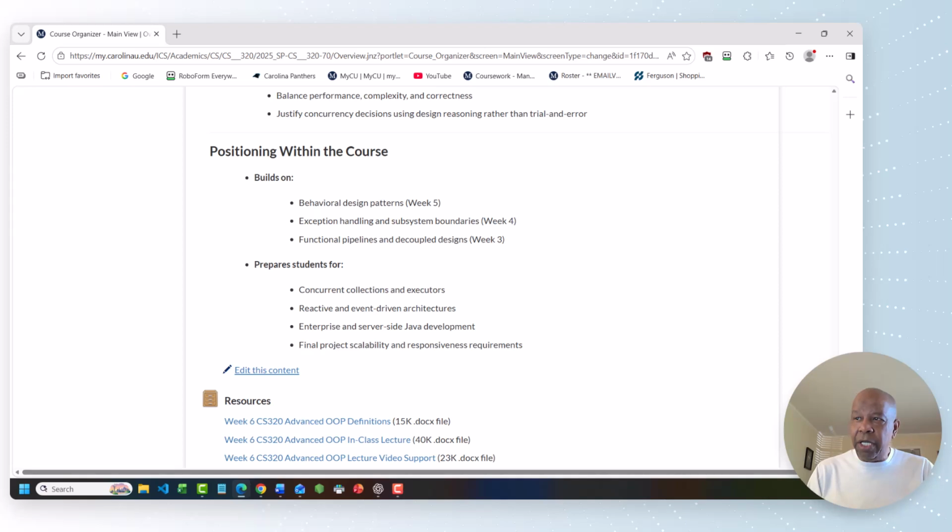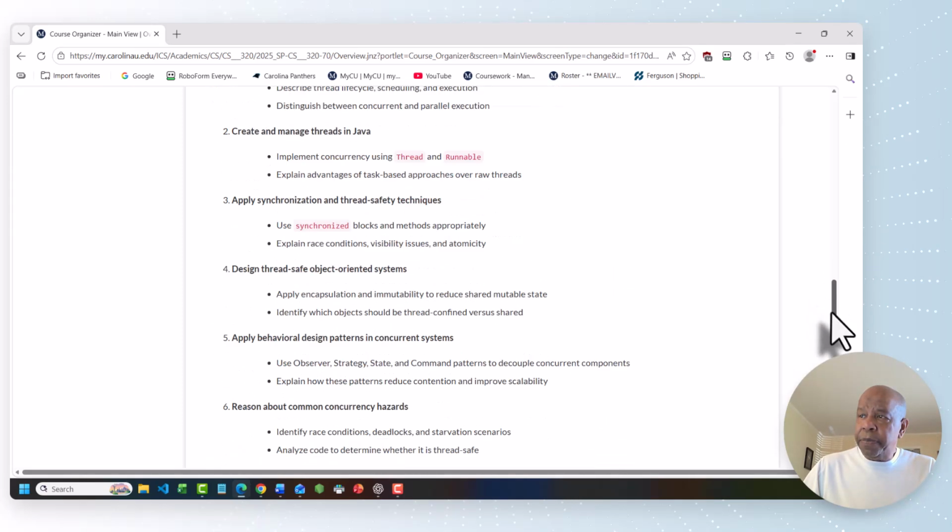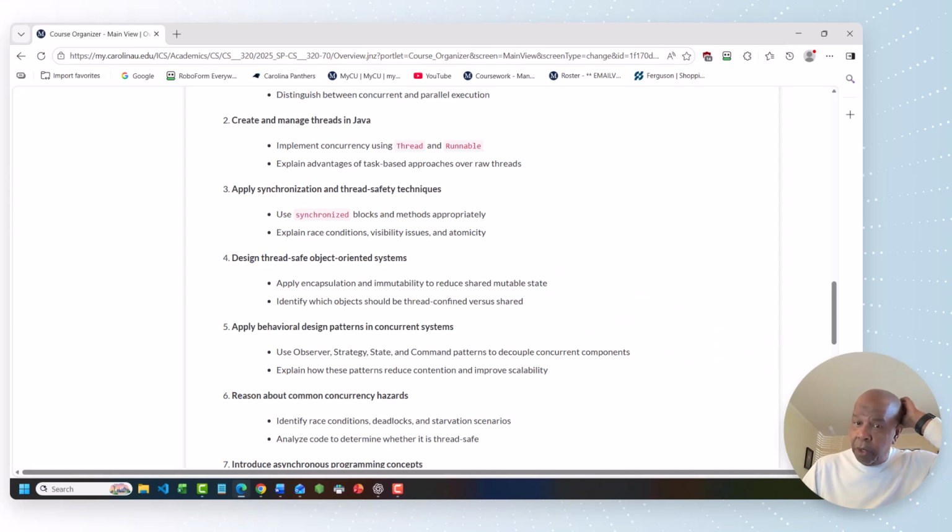The key thing here is concurrent, reactive and event-driven architectures, and enterprise and server-side Java development. Finally, project scalability. We have already talked about scalability and what that buys us and why we need it. So looking at the overall of what we'll be doing in week 6, these are the things we're going to be concentrating on.